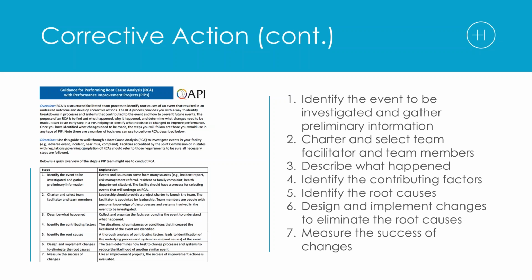And then you measure the success of the changes, meaning a lot of people think, I've done the corrective action, I'm done. No, there's one more step. You measure that it has taken place. So when I had serious incidents, I would often have that issue on my auditing work plan for at least the next 2 years, okay? Because I wanted to make sure it wasn't going to creep back up.